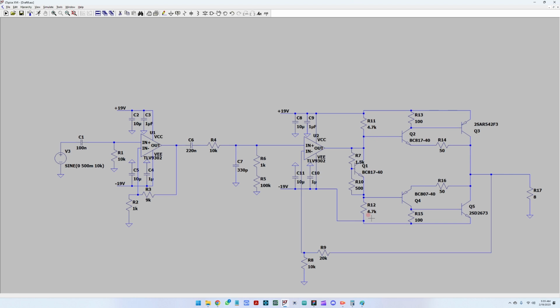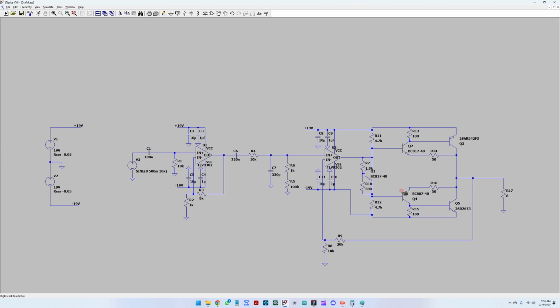So this will allow a voltage here that will slightly open Q5 and Q3, so that we don't have this zero voltage crossing issue. And Q2 and Q4 are the driving transistors for Q5, so that they get the required current and function correctly. Okay, and the 8 ohm output resistor.